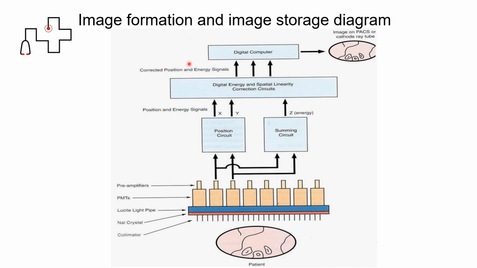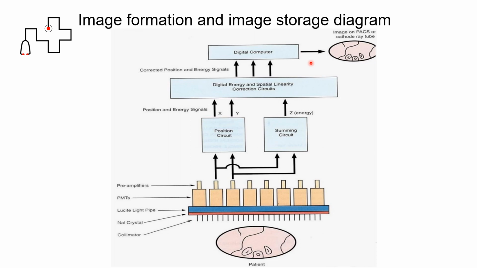And then the last one is computers. Computers have become an integral part of the nuclear medicine imaging system. Computers are used to acquire and process the data from the gamma cameras. They allow data to be collected over a specific time frame or to a specific number of counts, and the data can be analyzed to determine the functional changes occurring over time.